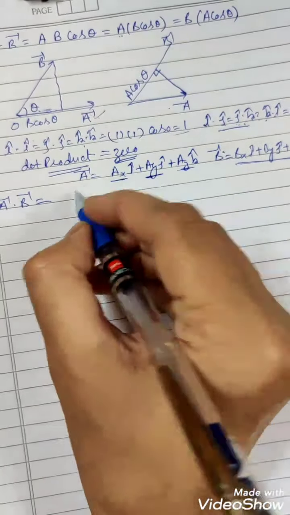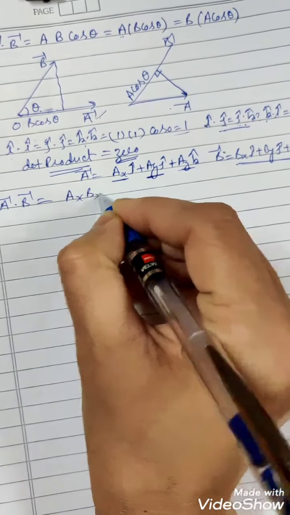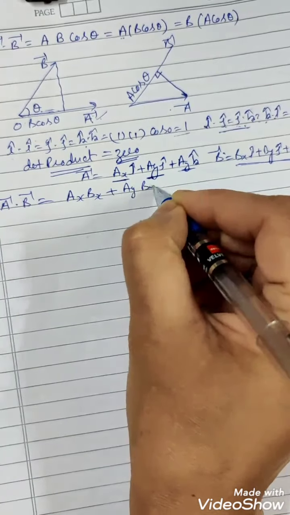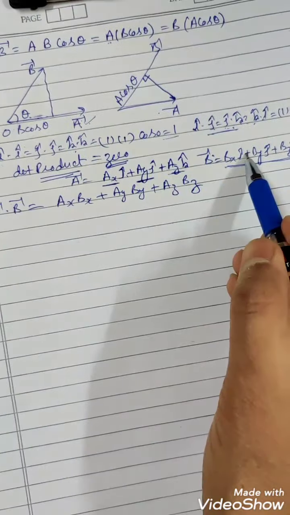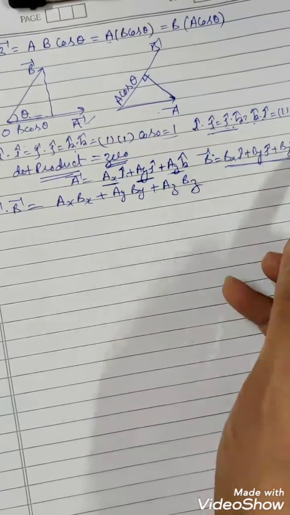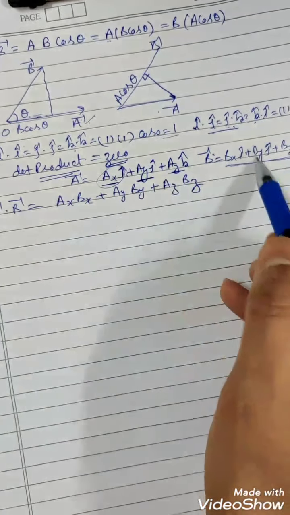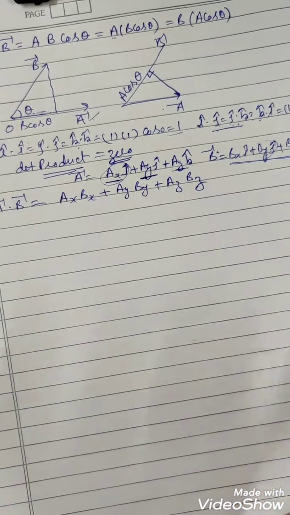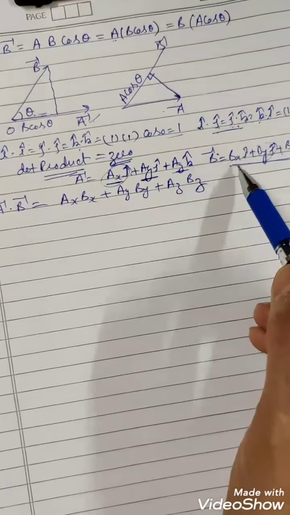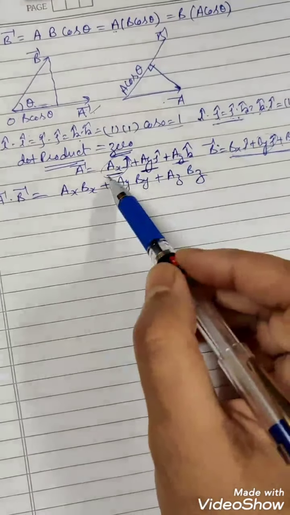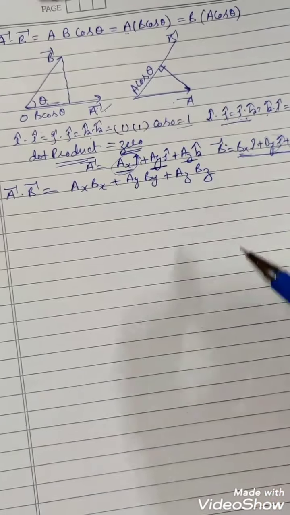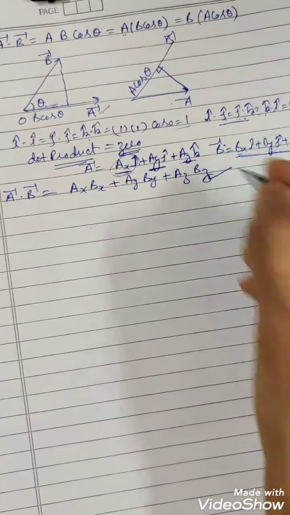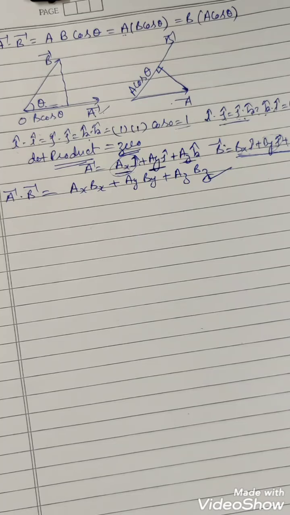So the dot product is AX BX plus AY BY plus AZ BZ, because I dot I is 1, J dot J is 1, K dot K is 1, but I dot J becomes 0. So no need to do that. Just multiply the coefficients of these two: AX BX, AY BY, AZ BZ. This will give us the scalar quantity. So the dot product is called a scalar product also.